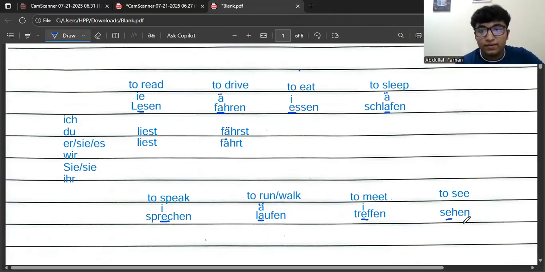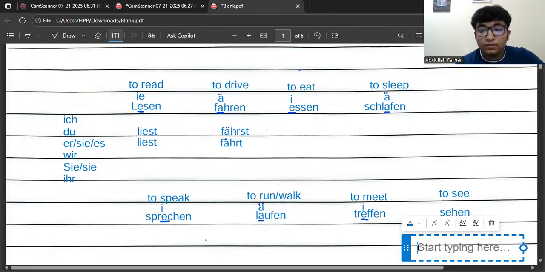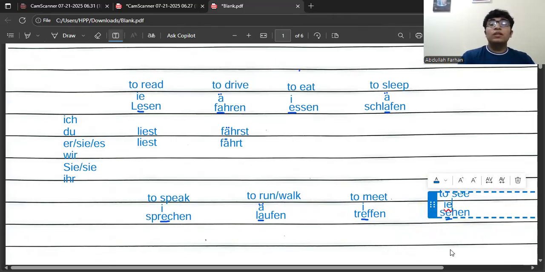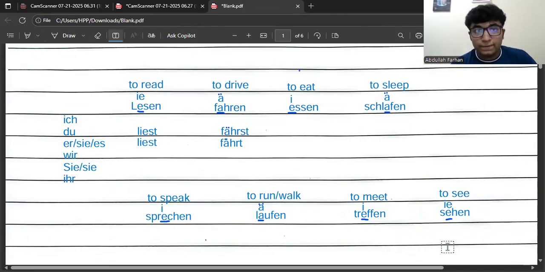In sehen, the E is replaced with an IE: du siehst, er sieht, S-I-E-H-T.